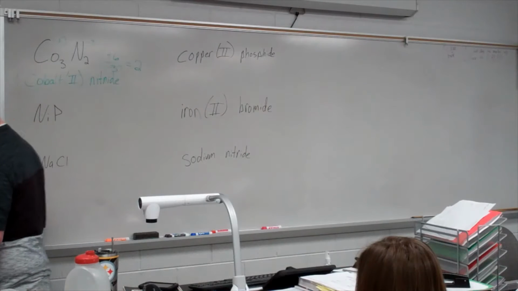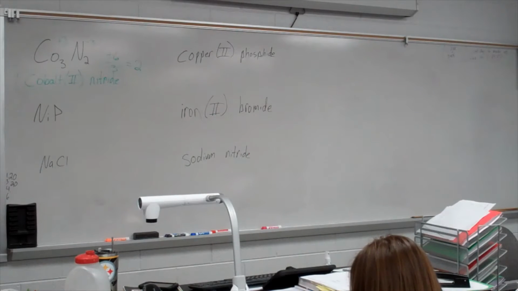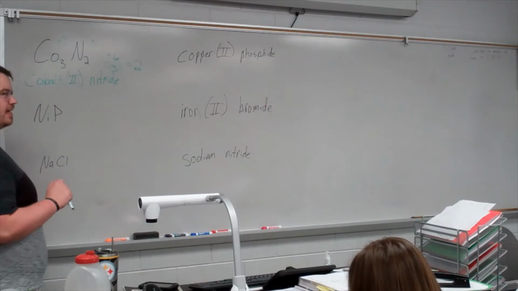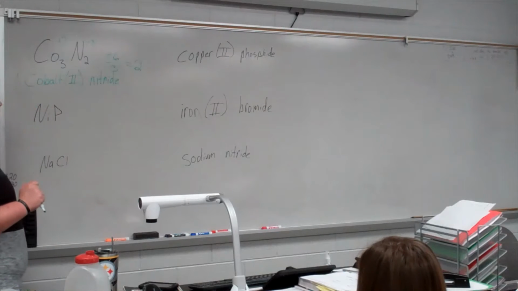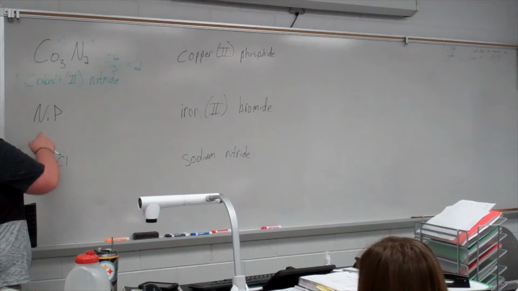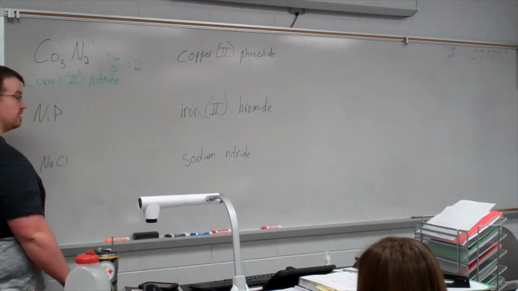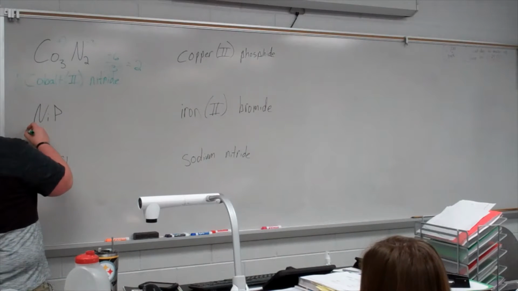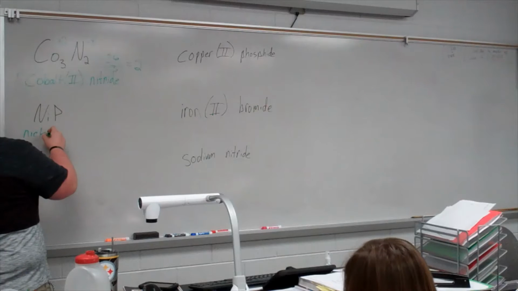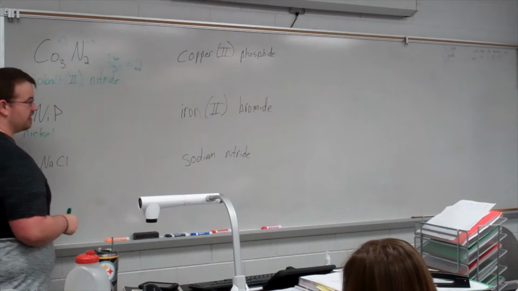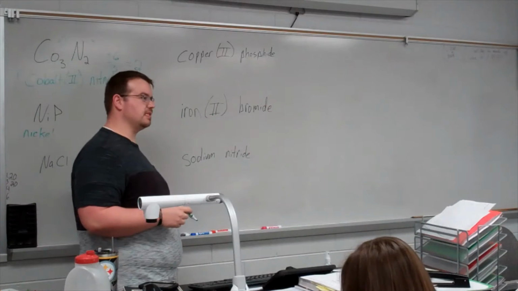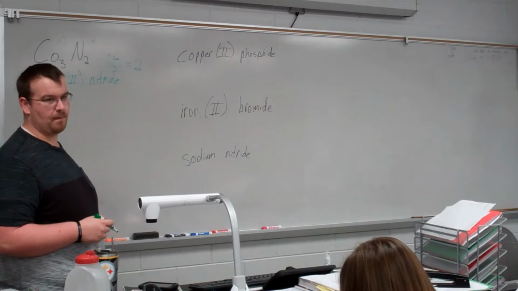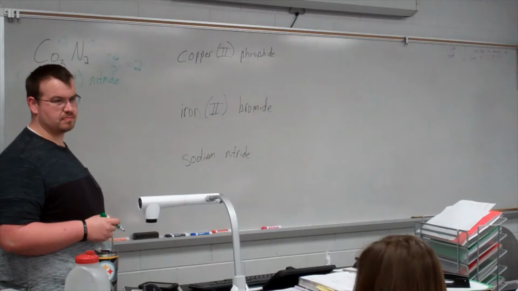Then comes this one, NiP. So whenever you're talking about NiP, first thing you have, Ni, which is what? Nickel. We have to find the charge of nickel. So in this case, it'll be 5 to cancel out the phosphorus, right?